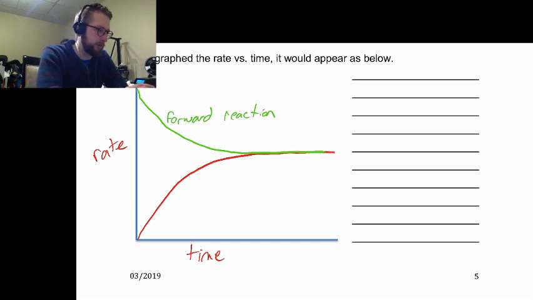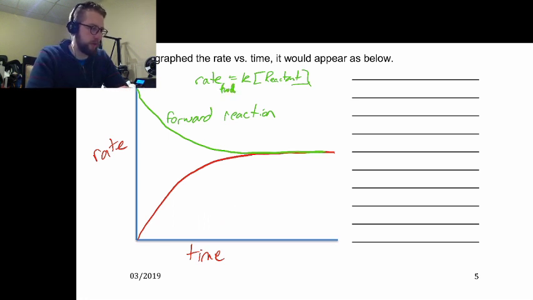So the rate is equal to k times the reactant. For the forward reaction, the reactant is going down, so the rate should be going down. So that's why the green one is going down.